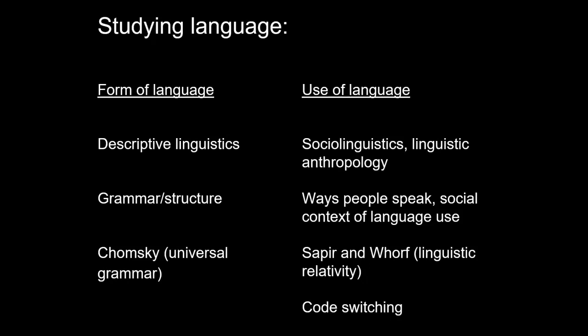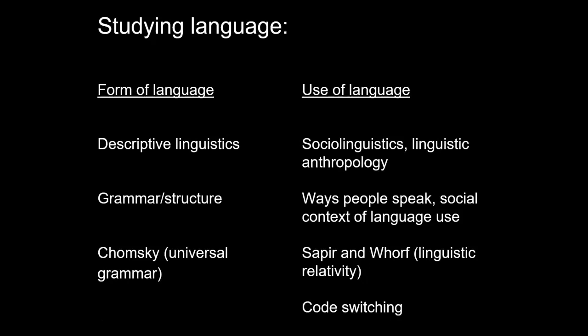On the other hand, anthropologists who study language are often as interested in the use of language. So not just how the language is technically organized, but how people actually use it, how it comes out of people's mouths, okay? So this is fields like linguistic anthropology, or the part of linguistics that's called sociolinguistics. So again, it's not ignoring things like the structure and grammar, but it's interested in language in practice, not language in theory, okay?